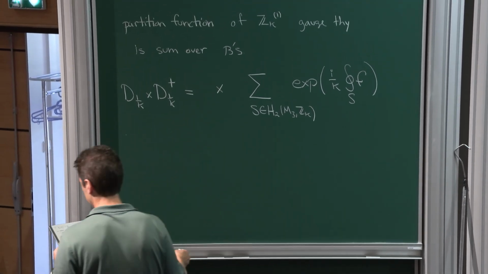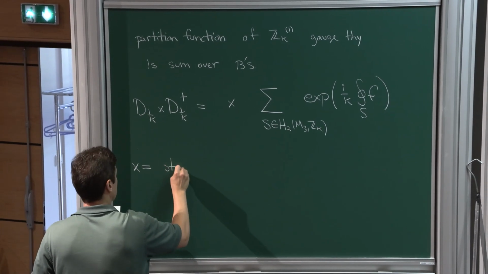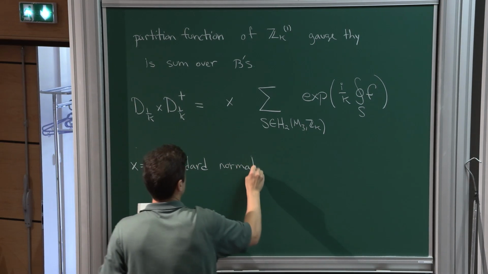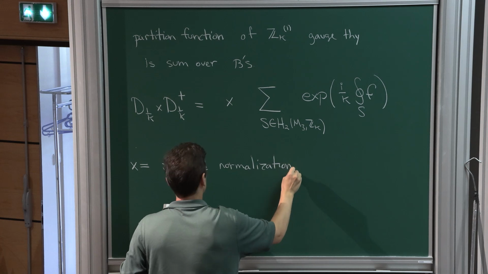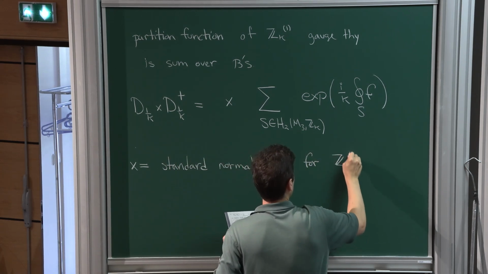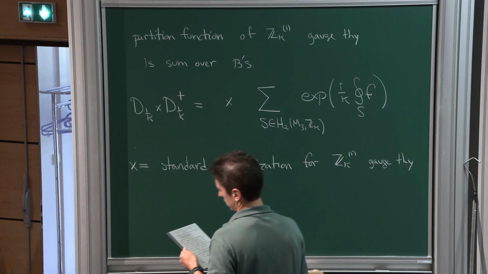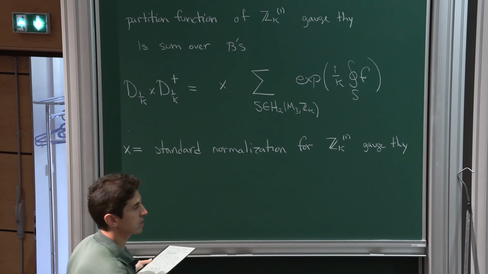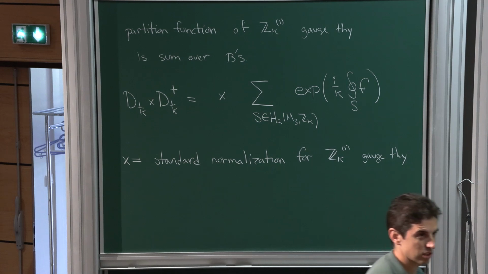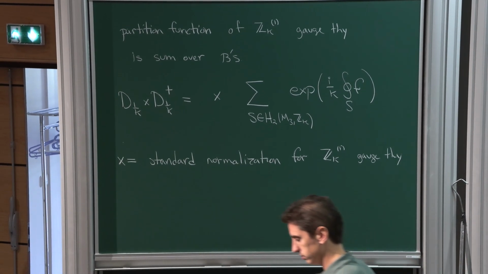Okay, so there's a constant x here in the problem. Let's compute x. Well, it's the standard normalization for ZK one-form gauge theory. What does that mean? It's a ratio of various cohomology groups needed to divide out gauge transformations and gauge transformations of gauge transformations, etc. This kind of standard factor.